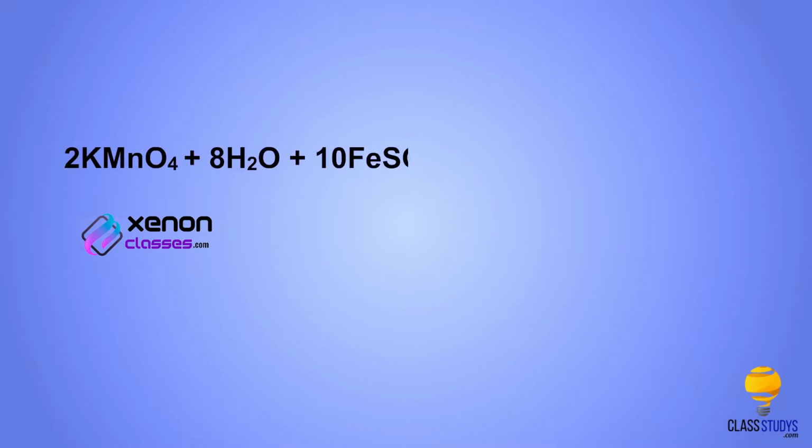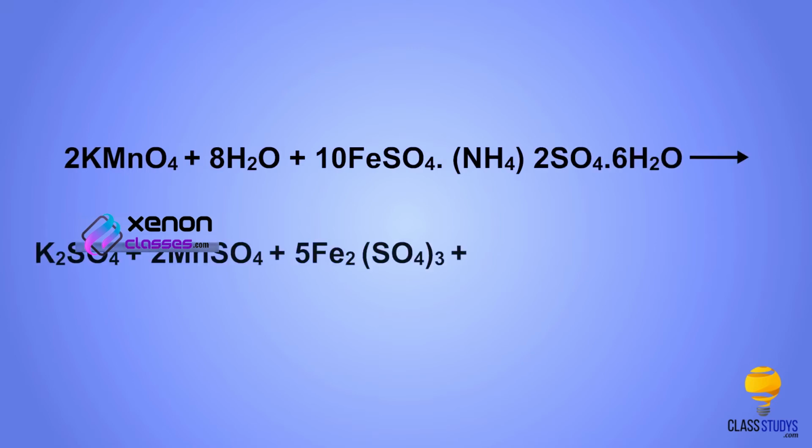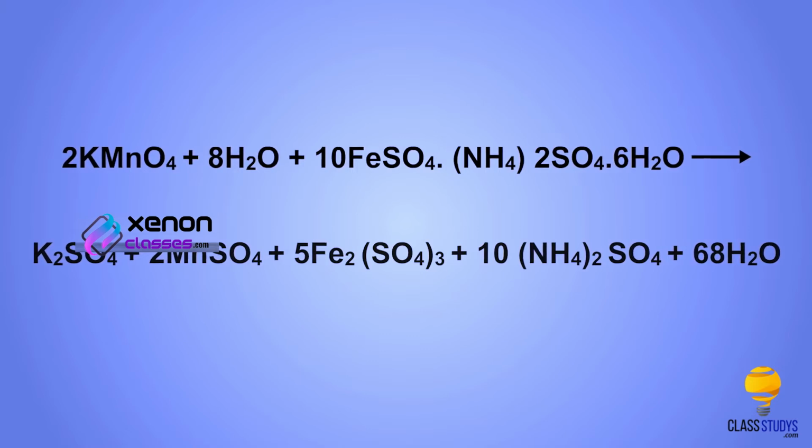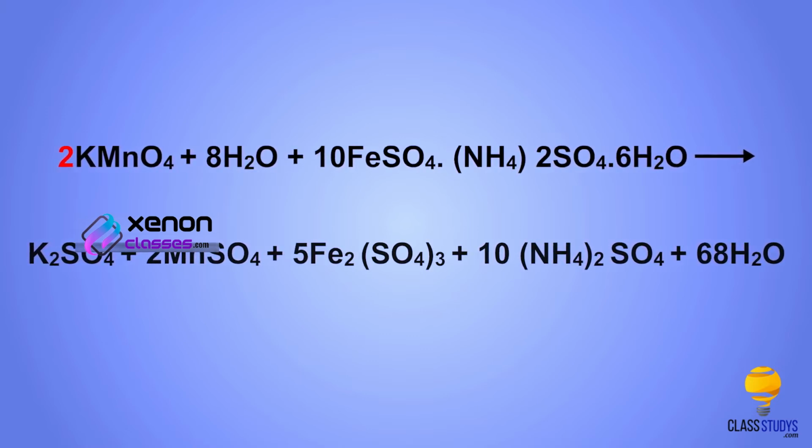The reaction between KMnO4 and Mohr salt is as shown. From the reaction, it is clear that the number of moles of KMnO4 reacted is 2. The number of moles of Mohr salt reacted is 10.